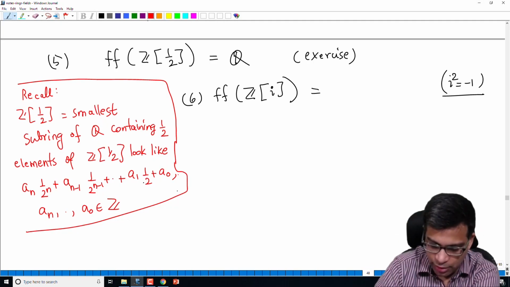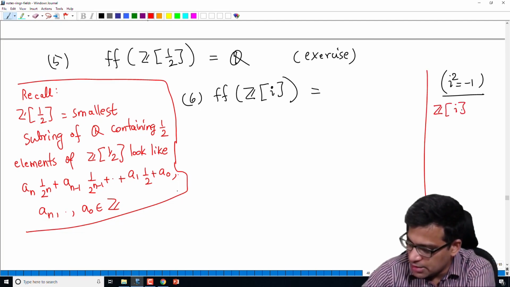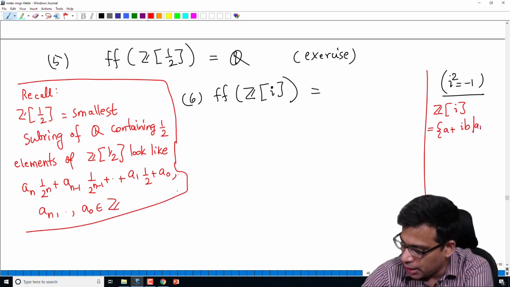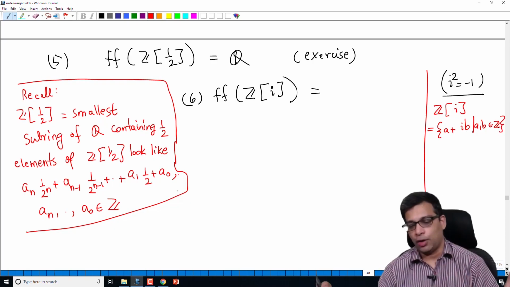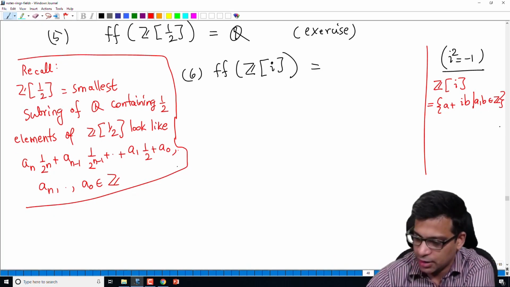In fact, as polynomials, Z[i] has a much easier description. This is of the form a + ib, where a and b are in Z. Because remember, we don't need to take all powers of i, and i to the power 0 and 1 are enough, because i squared is -1, i cubed is -i, i to the 4th is 1, and so on. So when you take polynomials, you just take this.